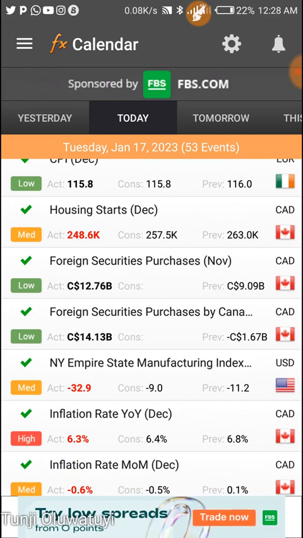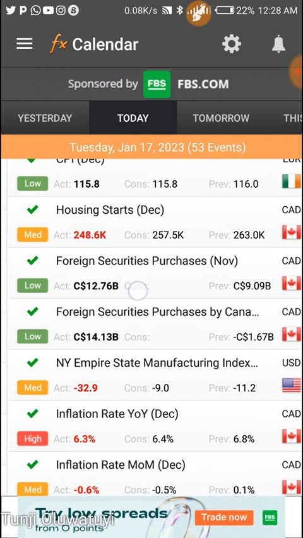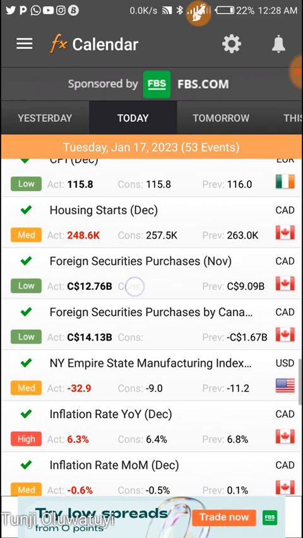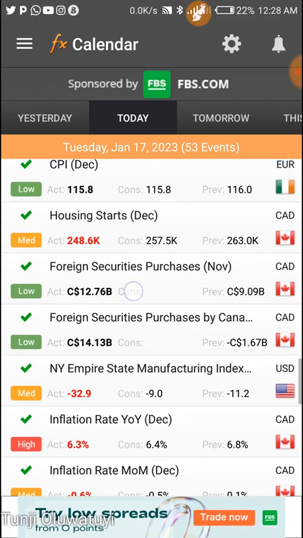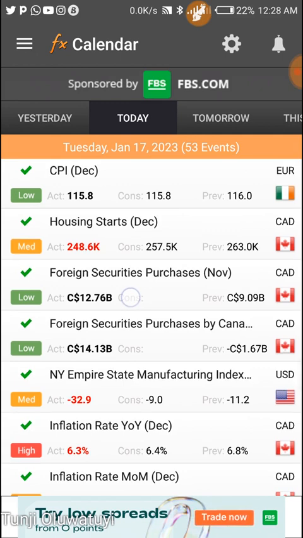Now, you see that the activity that was expected was already here. Now we are taking this Canada part: housing starts, talking about December housing starts. What impact is it meant to have on any forex pair that involves the Canadian dollar?